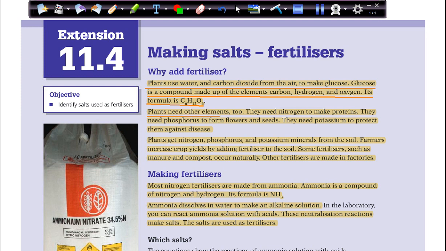Plants need other elements too. They need nitrogen to make proteins. They need phosphorus to make flowers and seeds. They need potassium to protect them against diseases.